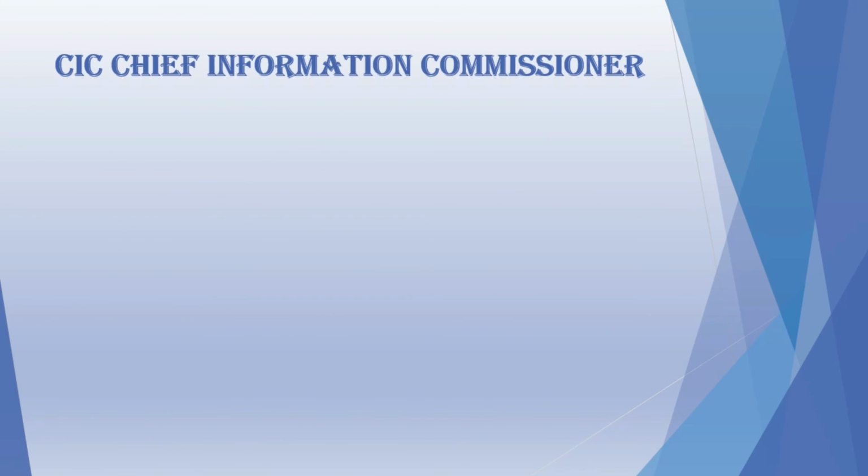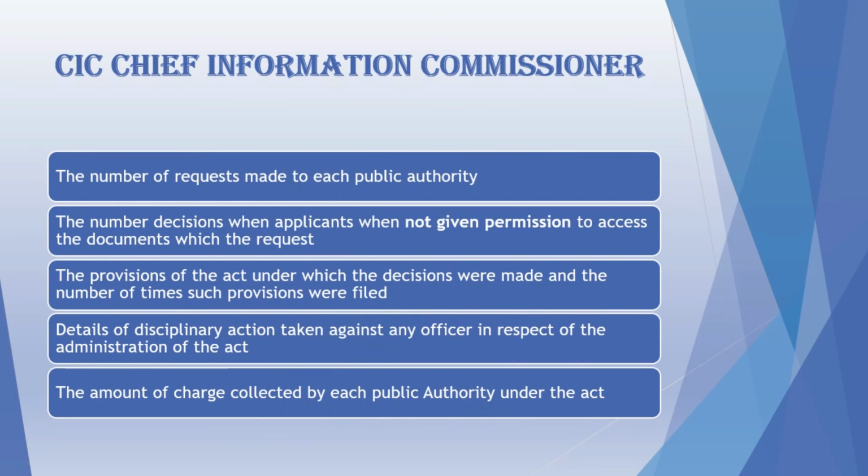Next, coming to the CIC of this act. Jokes apart, the CIC, the Chief Information Commissioner, is the officer who is the head of all information under this act. At the end of the year, the CIC is required to present a report, and the report includes: first, the number of requests made to each public authority. Second, the number of decisions where applicants were not given permission to access the documents, which means refusal of the request.